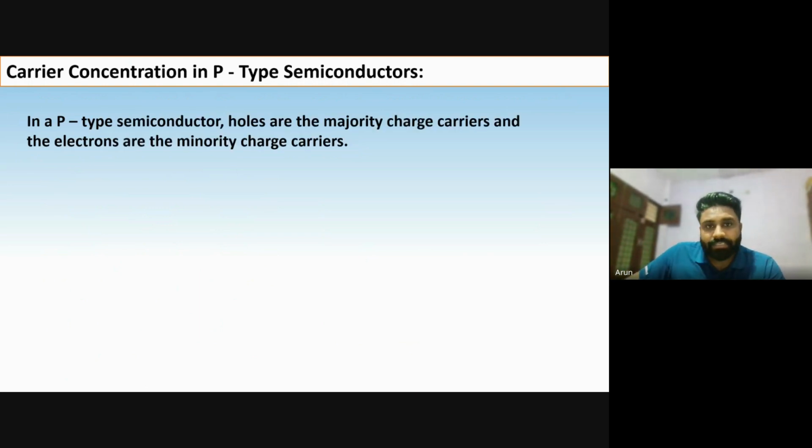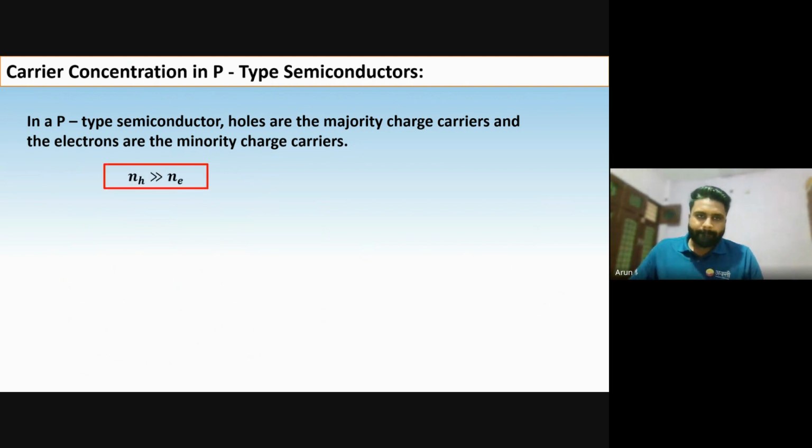So in a p-type semiconductor, holes are the majority charge carriers and electrons are the minority charge carriers.